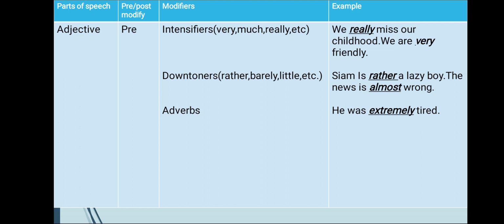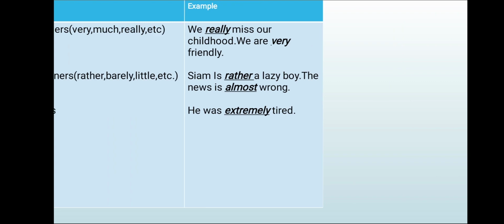Downtoners: rather, very little. Tom is rather a lazy boy. The news is almost, actually it is giving the negative sense and meaning. Adverbs. He was extremely tired. Extremely is an adverb here to pre-modify the adjective.